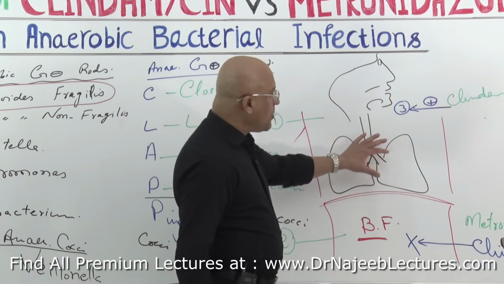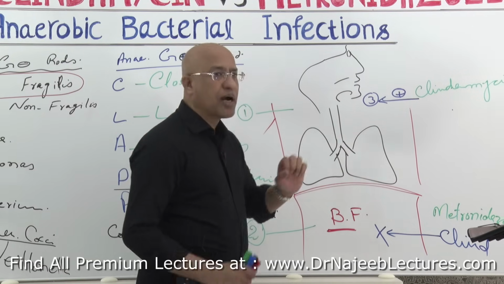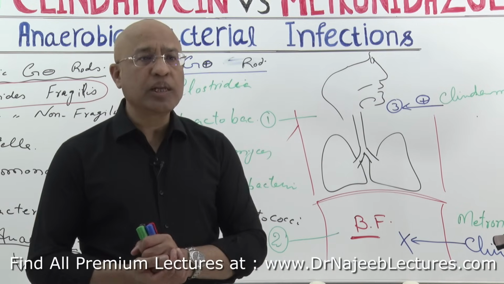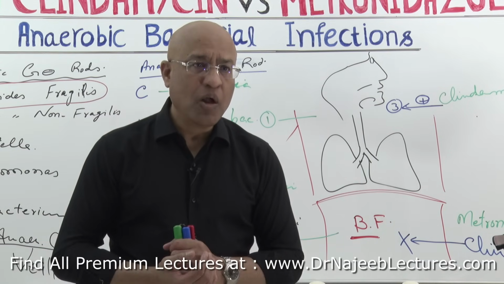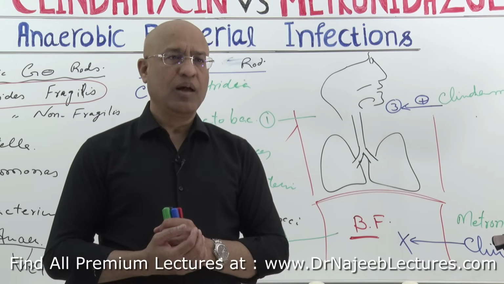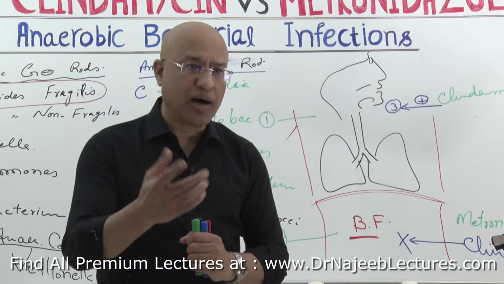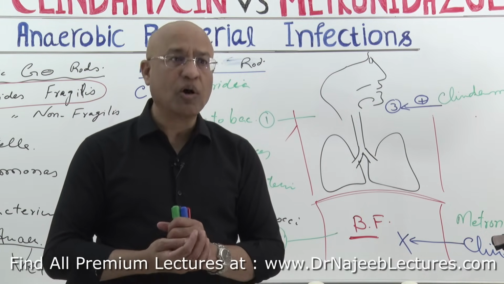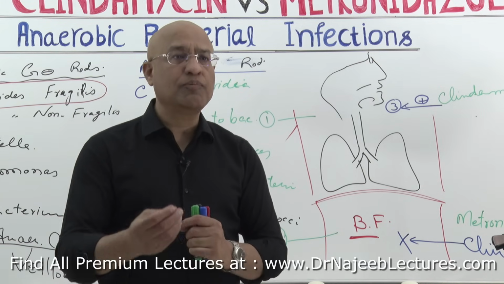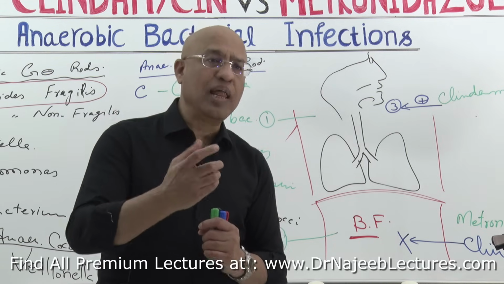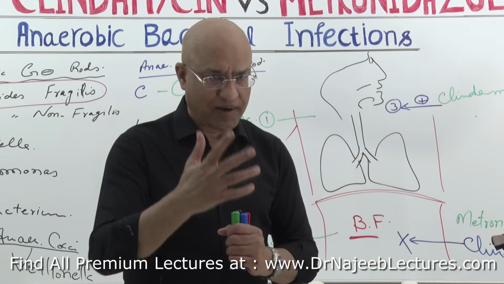Now, let's put an important thing. I told you about where these anaerobic organisms come from to produce infection. The answer is usually they don't come from somewhere else. Most of them are part of our normal microflora. Now we don't call it microflora, in new language we call it microbiota.